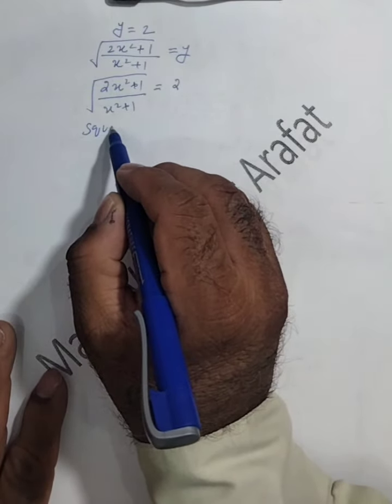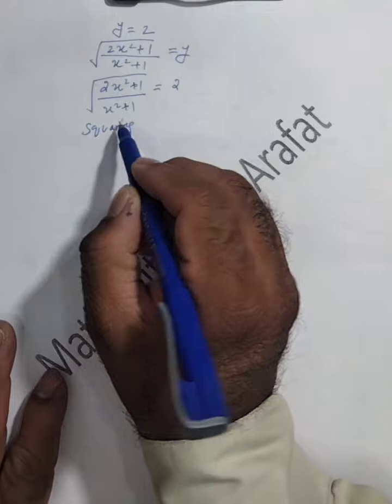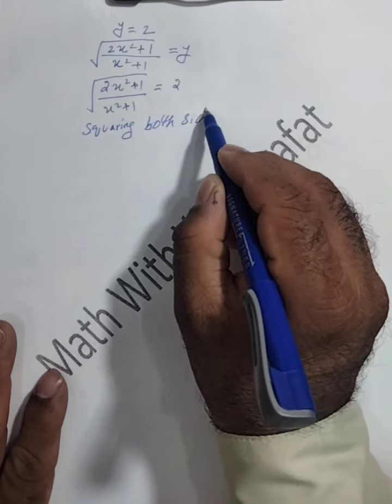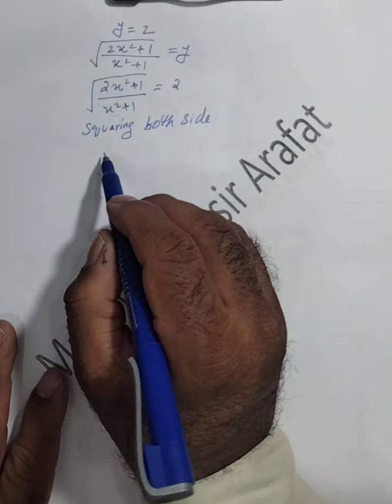Squaring both sides again to remove the radical, because we have to find the value of x. Squaring both sides.